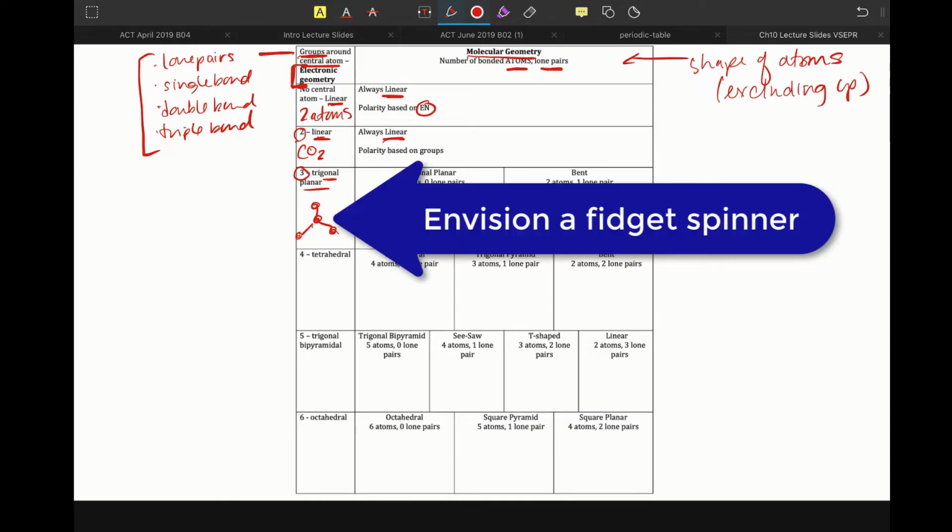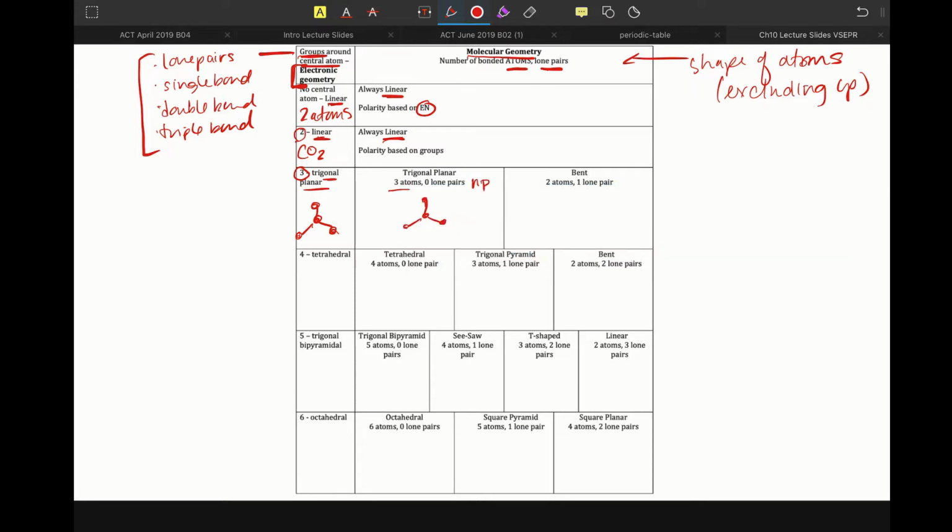Now, if all of those things are atoms, then we end up with a shape that reflects that. This would be nonpolar, by the way. And an example of this would be SO3. In order to have something that is bent with two atoms and one lone pair, that means we would have a central atom and a lone pair, and that's what it would look like.